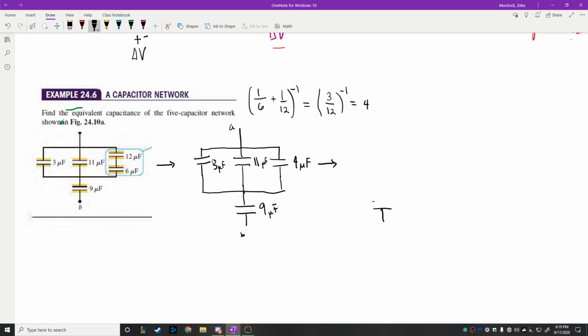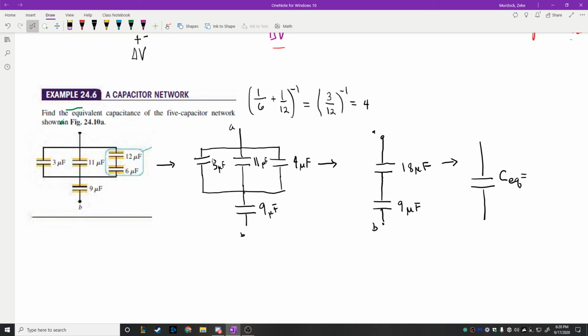All we have left is the 9 microfarad right here. And that whole series of 3 capacitors can be simplified down to just one capacitor that's going to have 18 microfarads. Between A and B, we can simplify them down one final time into just one capacitor. That capacitor will have the total capacitance of the system that we're going to call CEQ.